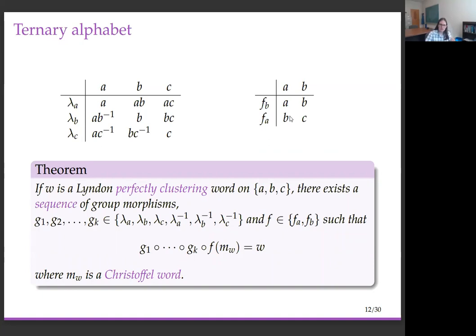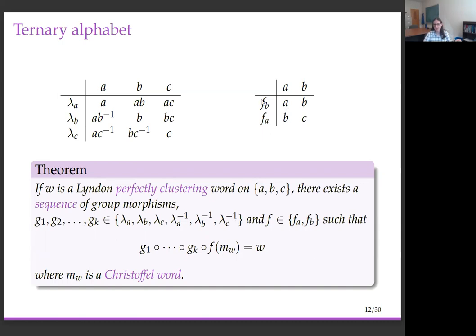Because the way that we do our construction is we take a Christoffel word, so a two-letter alphabet word that is perfectly clustering. And from that, we can obtain every perfectly clustering word. But for the construction to work, we also need to use the Christoffel word on the alphabet BC.